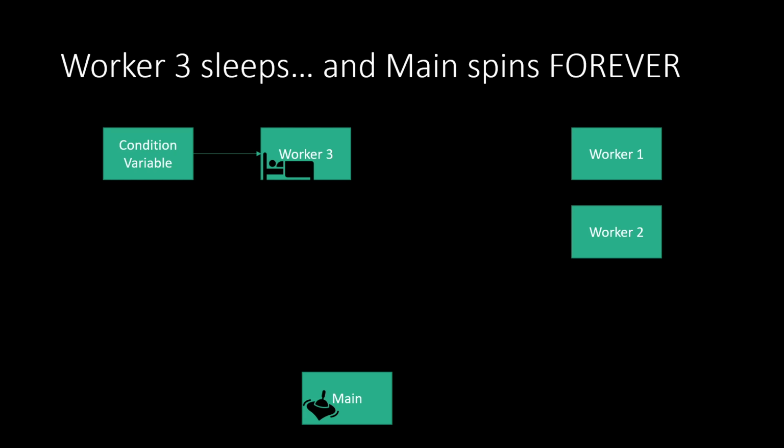Alternatively, main could have itself slept, expecting that the 3rd worker would signal that it should wake up. There are a couple of different ways this could happen, but essentially the problem is assuming that all the workers have made it onto the condition variable and waited, when in fact something is still executing and live, and thus misses the signal.